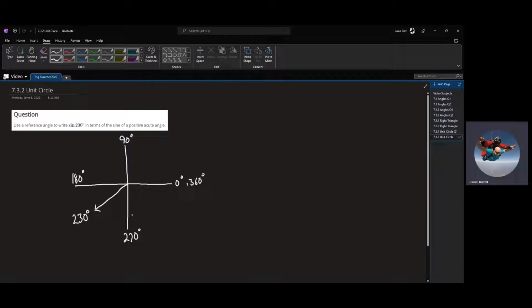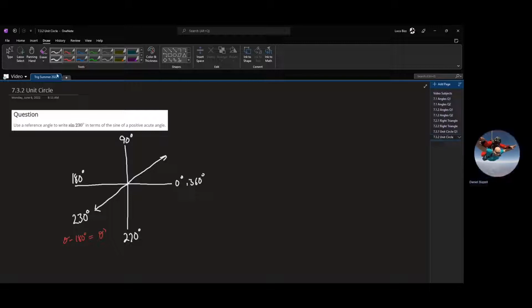Okay, so the next thing we need to do is figure out what the reference angle is for this angle in quadrant 3. And that reference angle we get from doing theta minus 180 degrees is equal to theta prime, which is our reference angle.